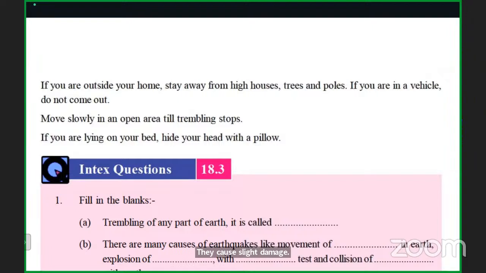Then above 6.5 to 7.5 or 8, major damage. And then above 8 or 8.5 to 9, 9.5 and all that, those are the major earthquakes. They will destroy literally everything. The shaking of the earth will be so bad. It'll destroy all the houses, all the structures and everything. That is the highest magnitude earthquake.